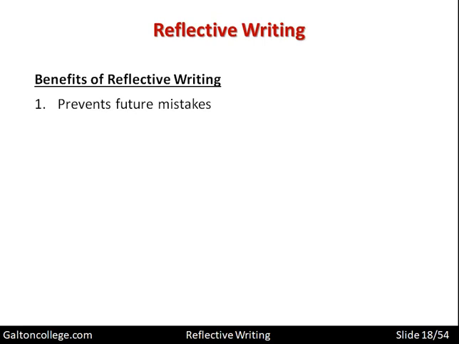So we're not finding situations new all the time. We have a stock of experience, and one of those experiences may coincide with what we are currently facing, and we can draw on that experience to help us. So the more experiences we've got, the better our decision making. It helps us prevent mistakes.